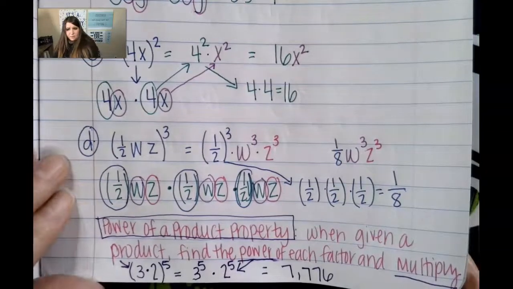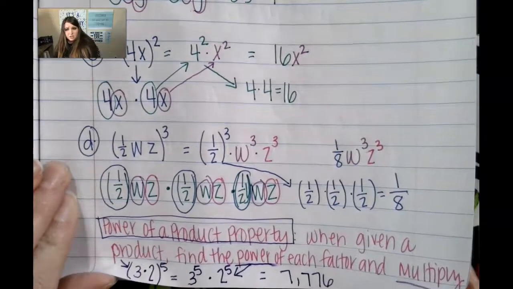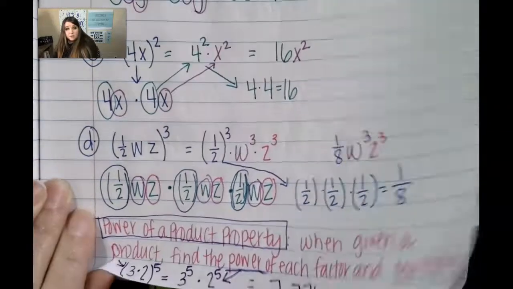Okay, it is your turn now to do some try-its. So I'm going to go ahead and turn the page. You don't need to write everything that was on that green sticky unless you really want to. Okay, let's go ahead and do your try-its.